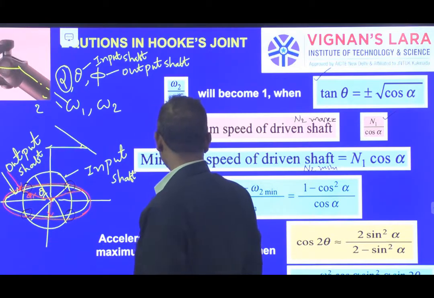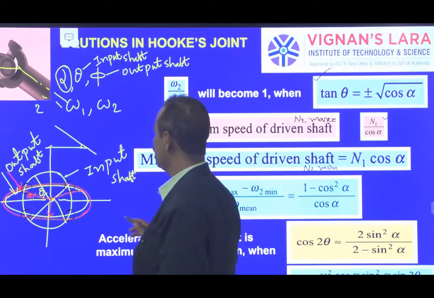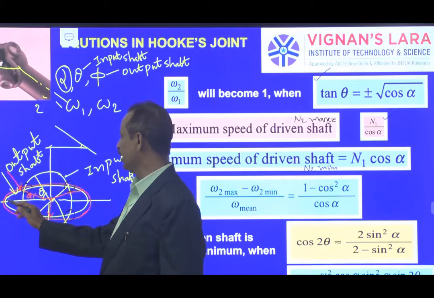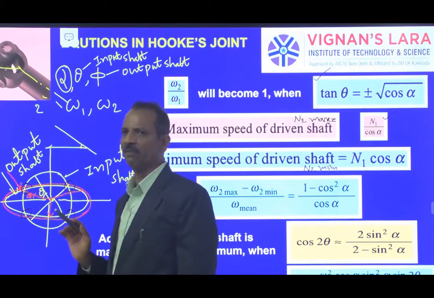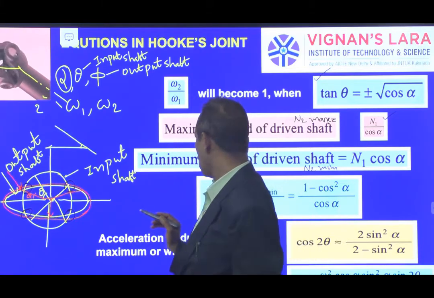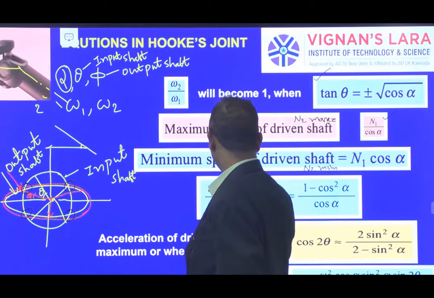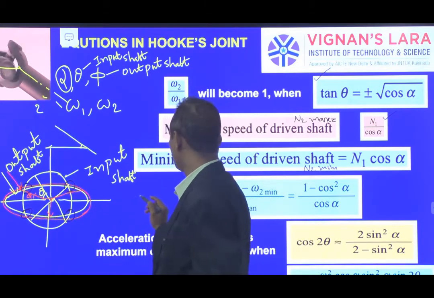The 0 will take place when theta is equal to 0, 90, 180, 270.